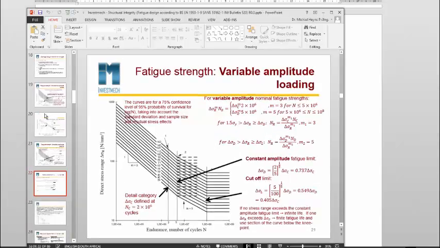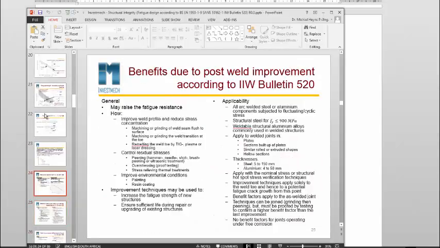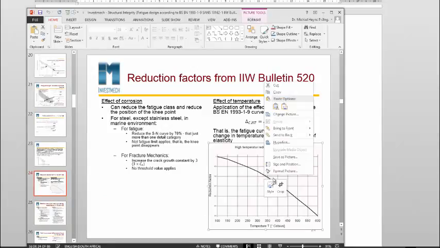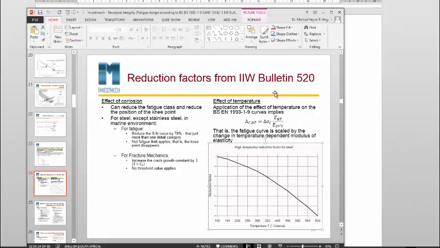These were the slides that we discussed in class. And there we see the effect of temperature, and what we can see according to the rule, and I will copy this graph, is that the characteristic strength at the elevated temperature, at the high temperature, is equal to the original characteristic strength times the value at the high temperature divided by the value at 20 degrees, because that's what we have from the table.